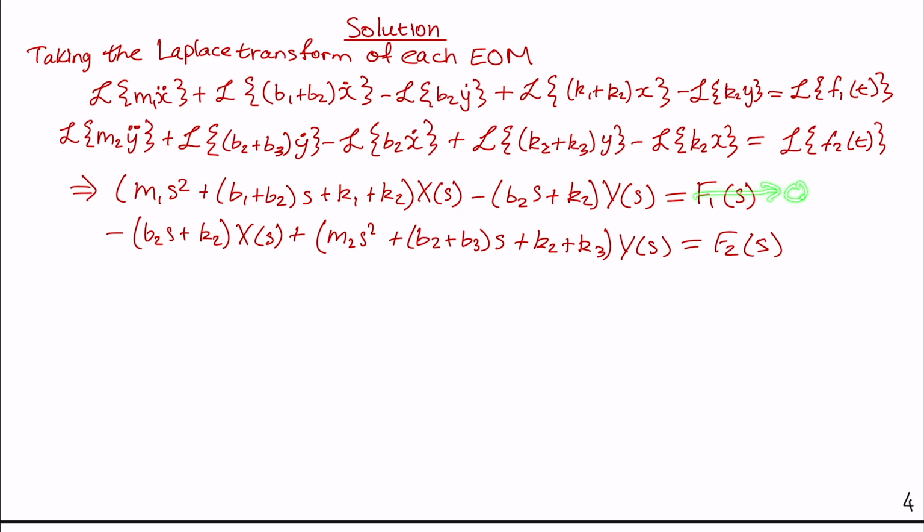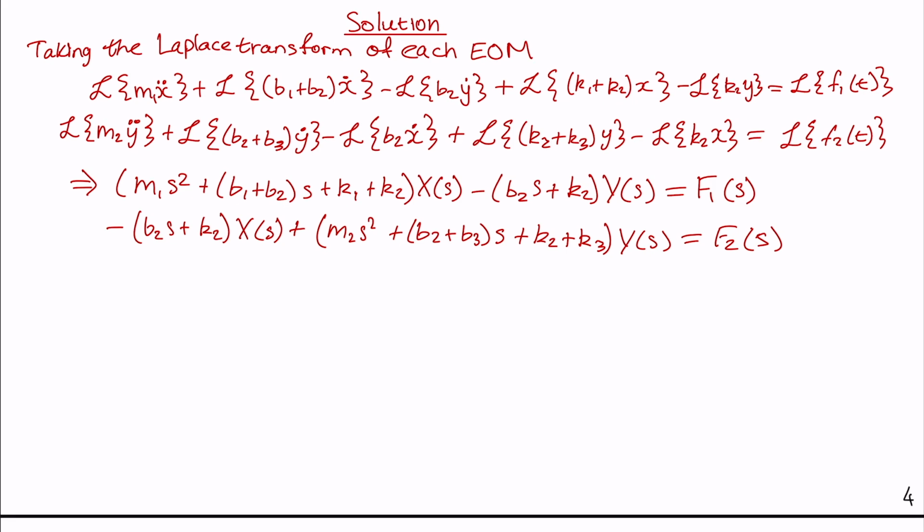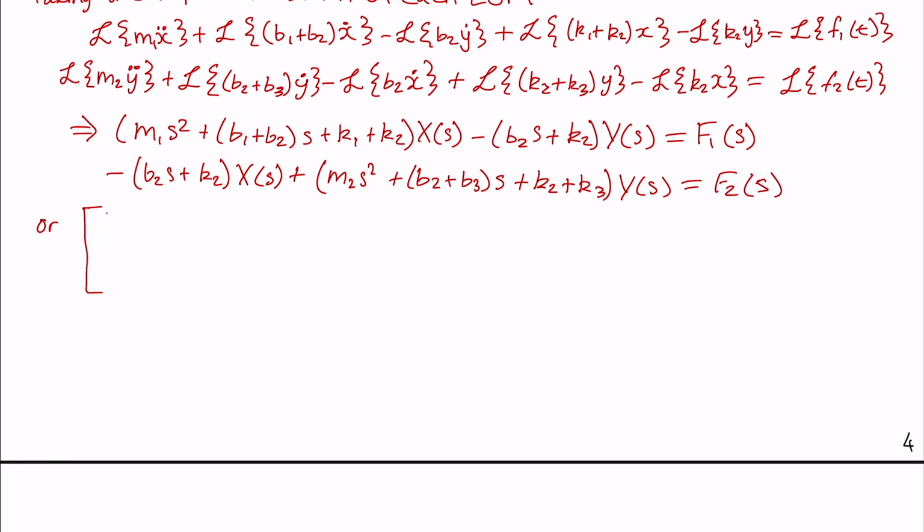Alternatively, we can put this into a matrix, and then compute the matrix inverse instead, and that's what we're going to do. We'll have in here m1 s squared plus quantity b1 plus b2, that times s, plus k1 plus k2. Down here, we're going to have minus the quantity b2 s plus k2.